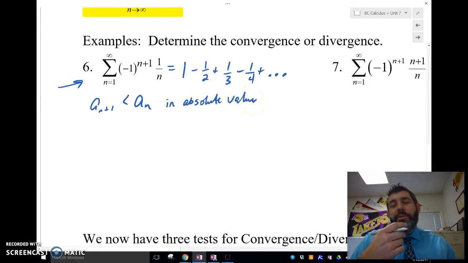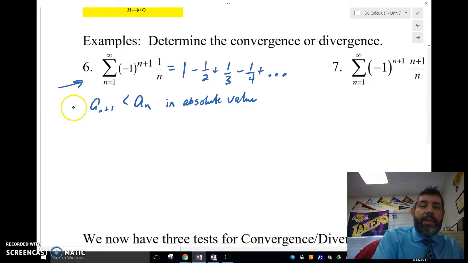I just want to make sure that you say that, because some people might get confused and think, are you talking about negative 1/2, or positive 1/2, because positive 1/3 is not less than negative 1/3. We're really talking about the non-alternating piece. So it's good that you say in absolute value, a sub n plus 1 is less than a sub n. All right, that's the first thing.